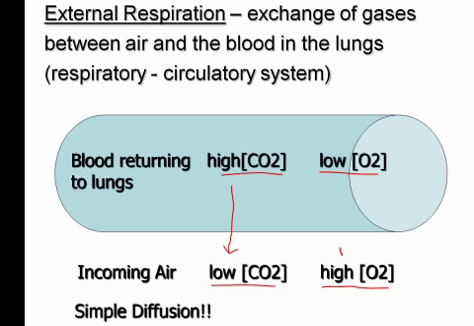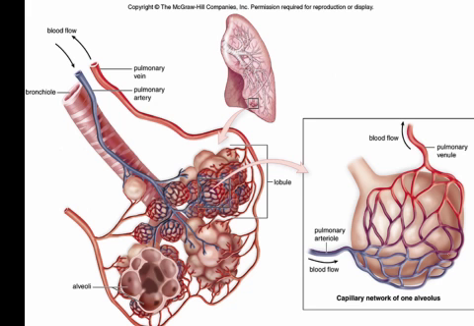Oxygen is going to move in the opposite direction. Oxygen will move down its concentration gradient, so it will cross the respiratory membrane, going from the air that has filled, inflated the alveoli, and the oxygen will move across the membrane into the capillaries. So simple diffusion for both gases, simply in opposite directions.